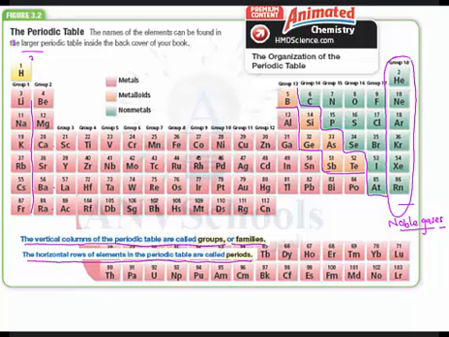When we are looking at elements in a period, their physical and chemical properties change somewhat regularly across the period. And the reason they change is the change in size of the atomic structure.